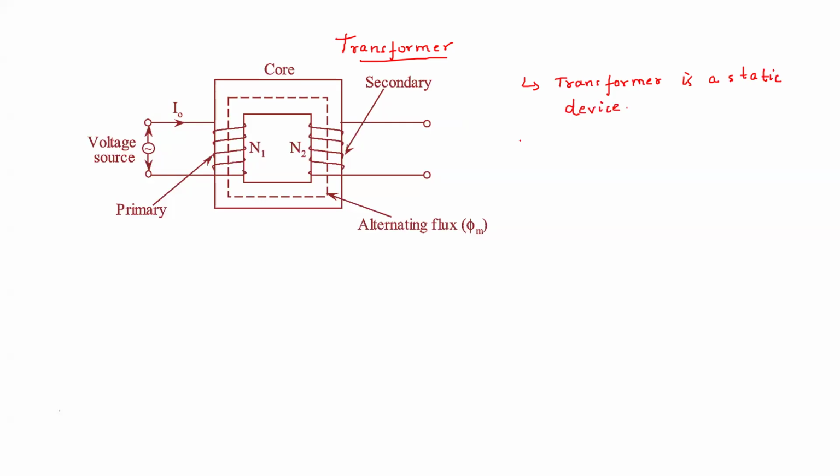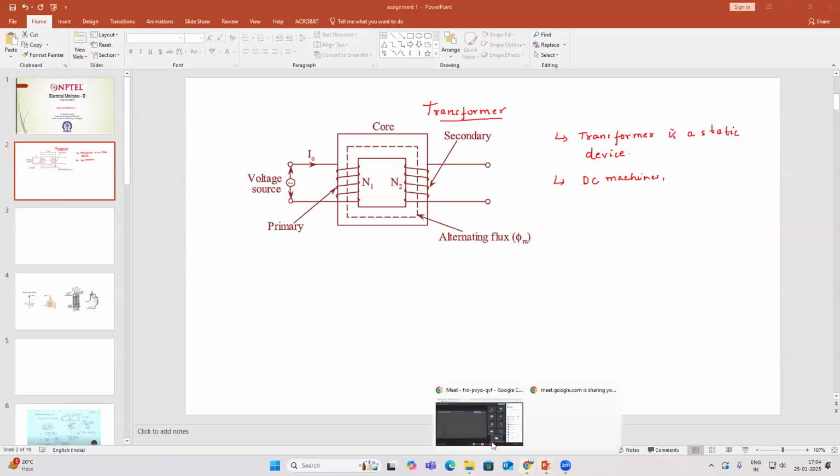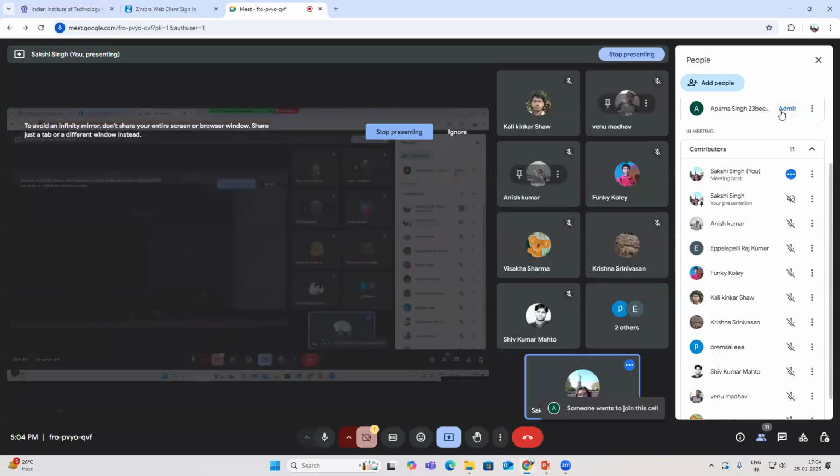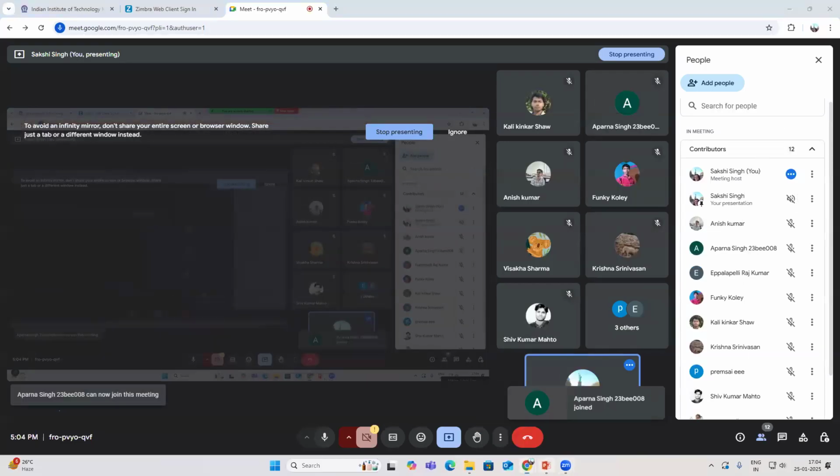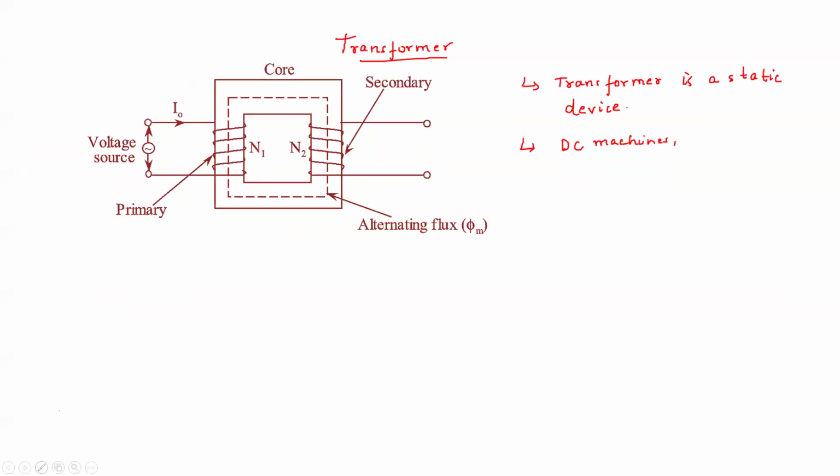You will see that DC machines, induction machines, synchronous machines, all of these are rotating devices, right?